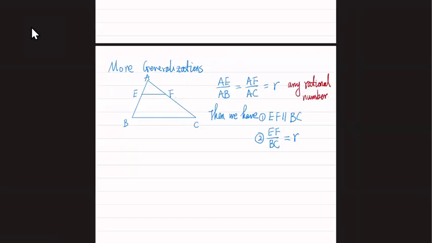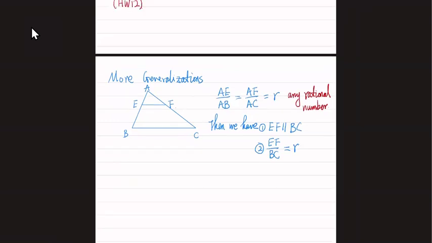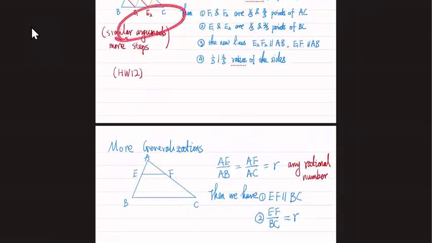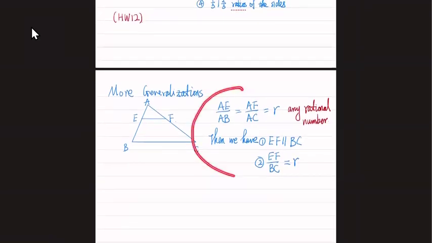Okay, so we haven't proven it yet. We will skip the proof because you can see it'll be much more complicated than the previous one, more steps, but it can be proved using the same idea. Okay, so we will take this for granted. We proved a few special cases. If this is 1/2, this is 1/2.